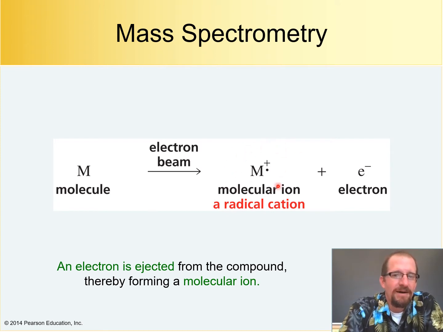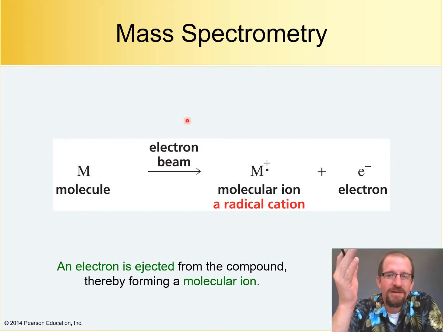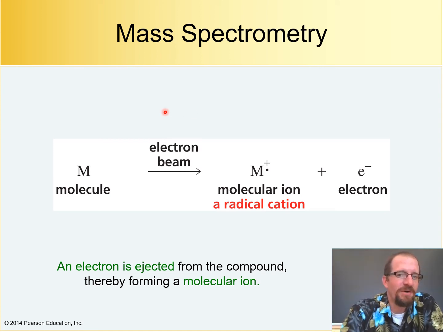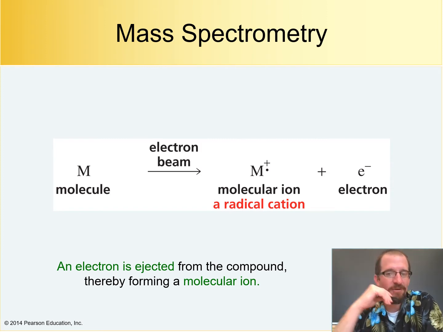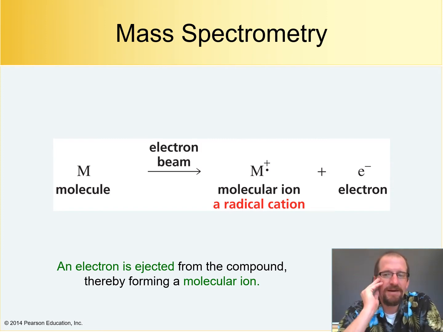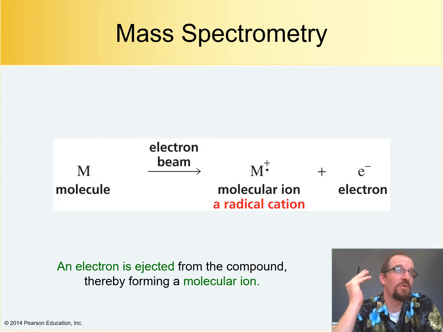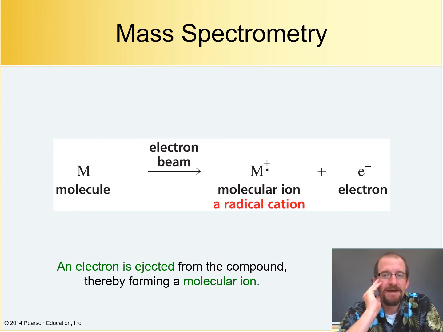In mass spectrometry, what the mass spec is able to identify is always some sort of ion. The book tends to talk about that it needs to be positively charged. Today's mass specs can operate in either positive or negative mode. In the book, it talks about using this electron beam. Again, today's mass spec doesn't typically use this to ionize the system. A lot of times we will protonate or deprotonate compounds.